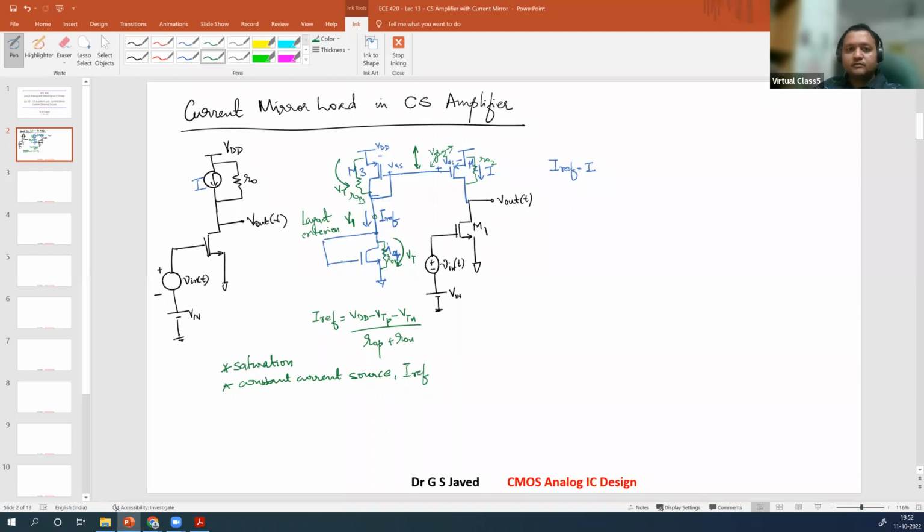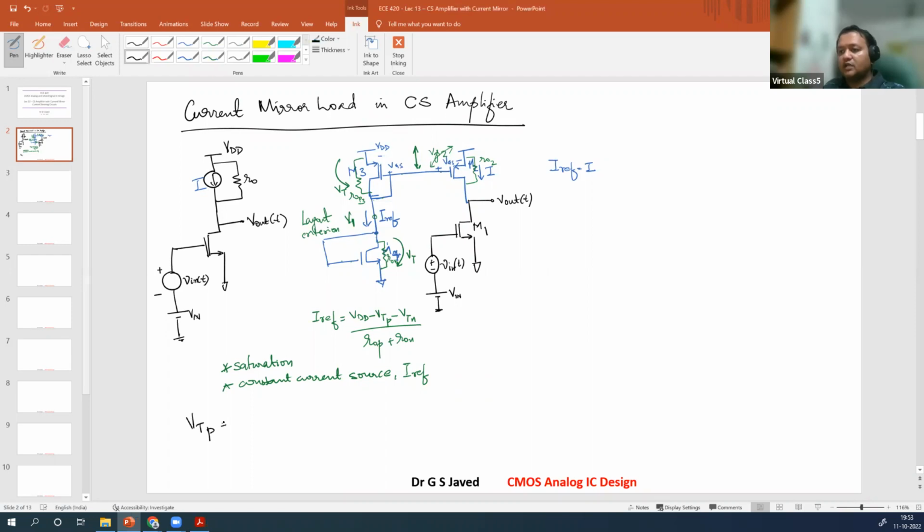Questions? So what is the VT value of each of these transistors? The VT value of the PMOS and NMOS.